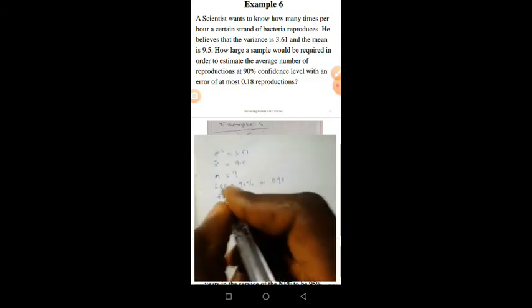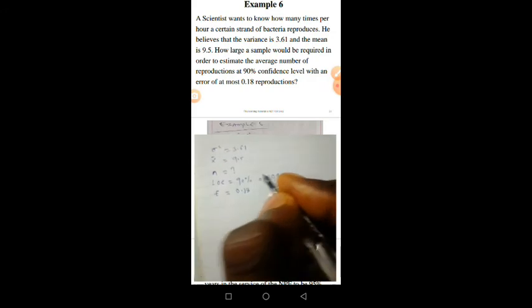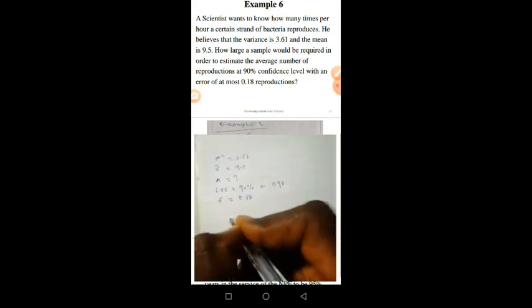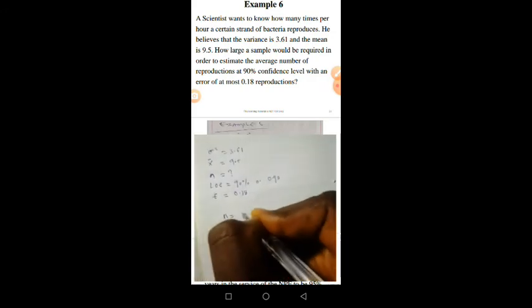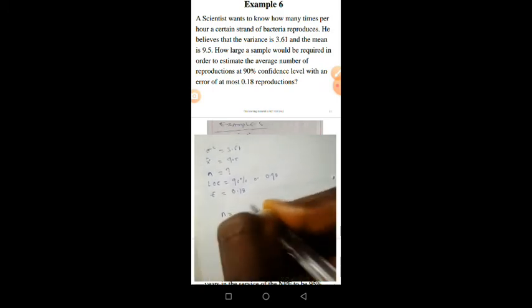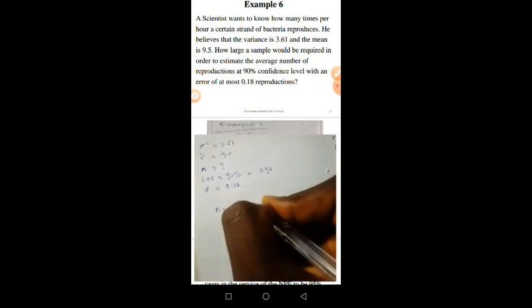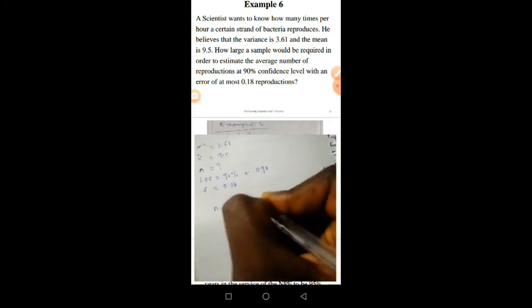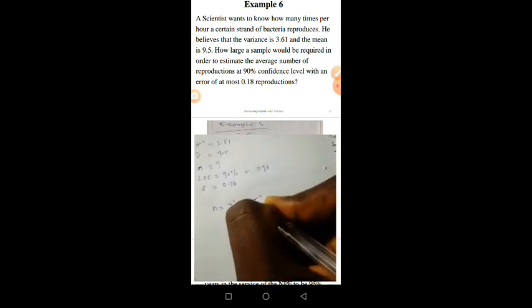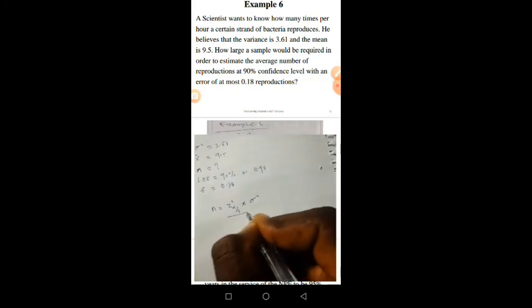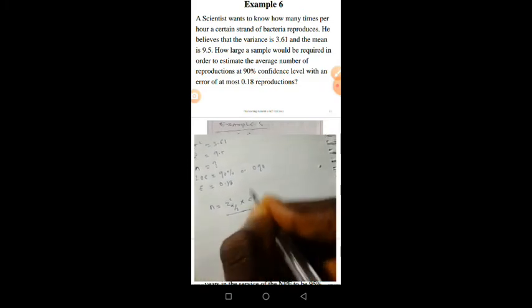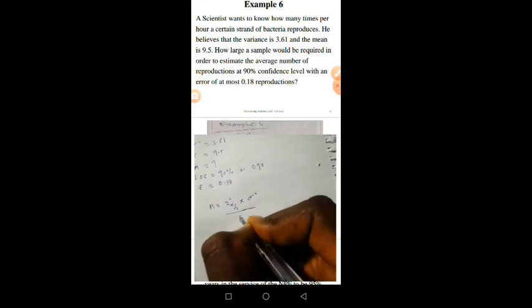Now the formula for sample size that we treated earlier in the first section is n equal to z alpha over 2 square, times variance, over e square.